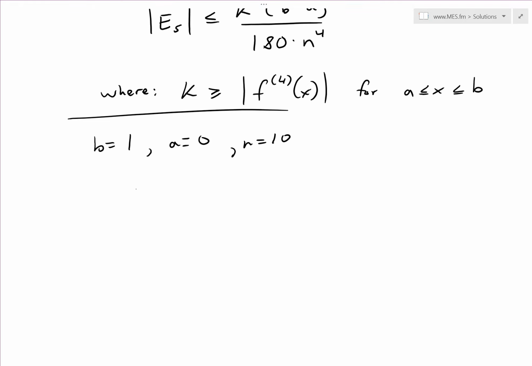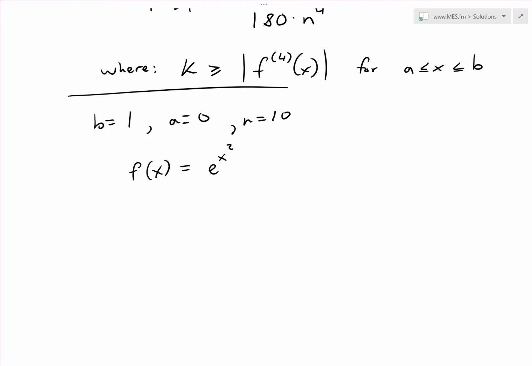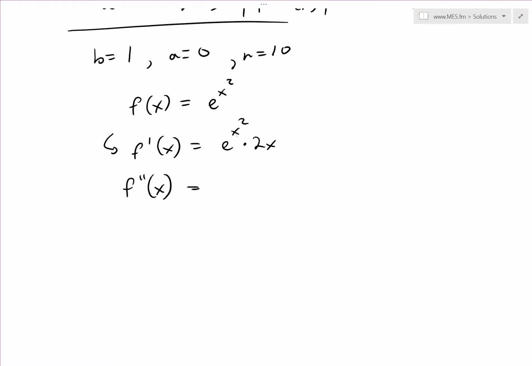So we know that f of x is basically e to the x squared. What we have to do is solve for the fourth derivative. So we get f prime of x: the derivative of the exponential function is just itself, but now we need to do the chain rule. The derivative of the inside function, x squared, is 2x. Then for the second derivative, we do the same thing: the derivative of e to the x squared is itself, but now we have to do the product rule.